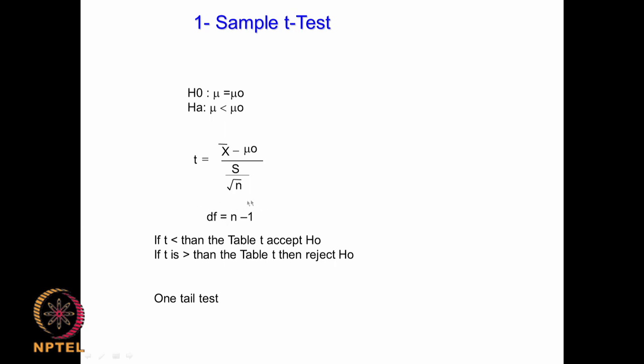Then the degrees of freedom is n minus 1, then we get from the table some t value. If the t calculated is less than the table value we accept h naught, if t calculated is greater than the table value we reject h naught. So okay, this is a one tail test because we are talking about mu less than mu naught. If mu is not equal to mu naught, then it becomes a two tail test.